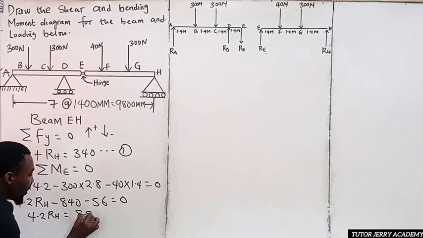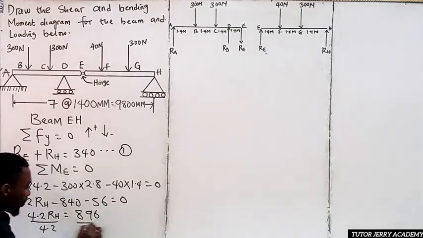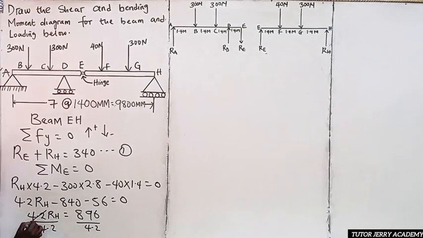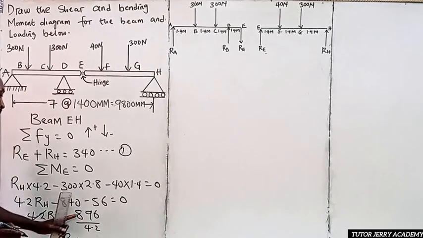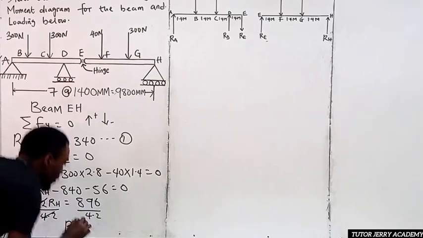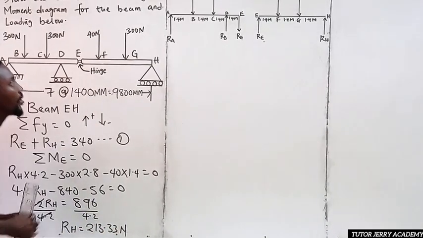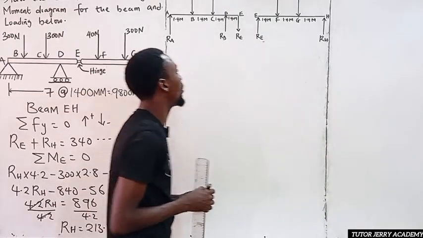If we divide both sides by 4.2, then R_H equals 896 divided by 4.2, that is 213.33 Newton. All right, so we are done with our R_H.